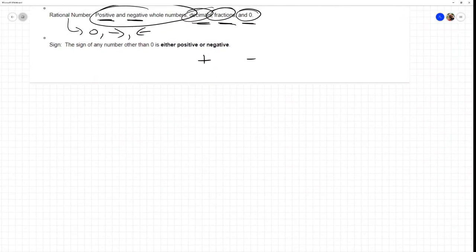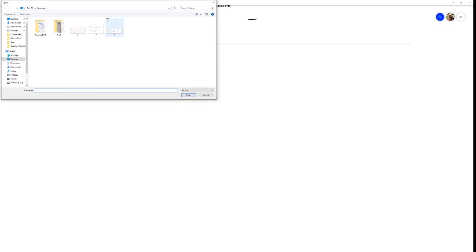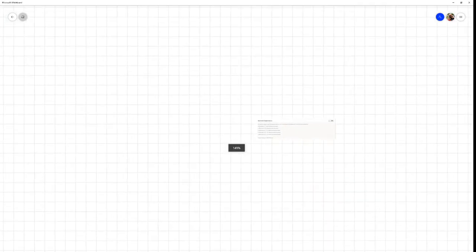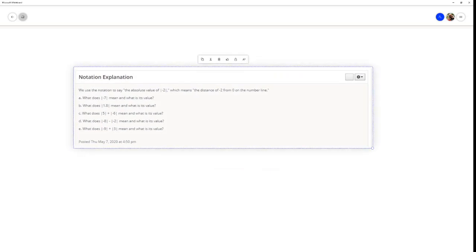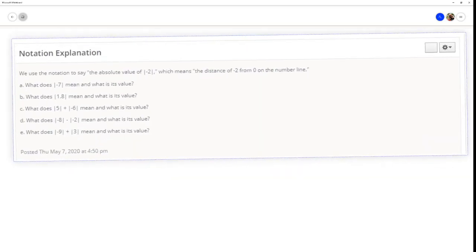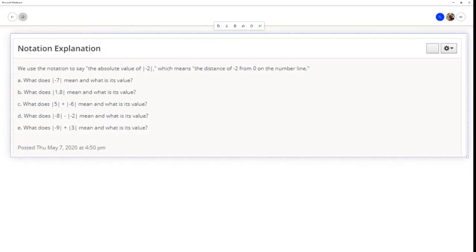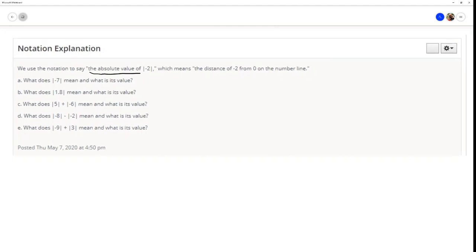All right, last little bit. We use the notation to say the absolute value of negative 2, which means the distance of number 2 from 0 on the number line.